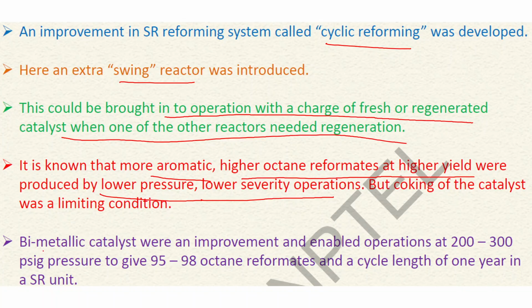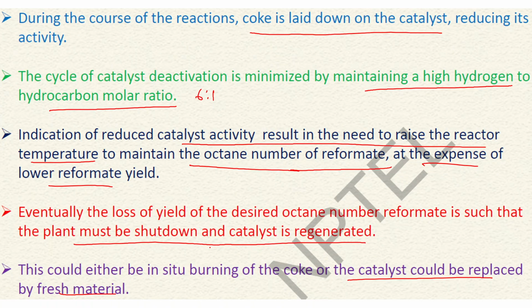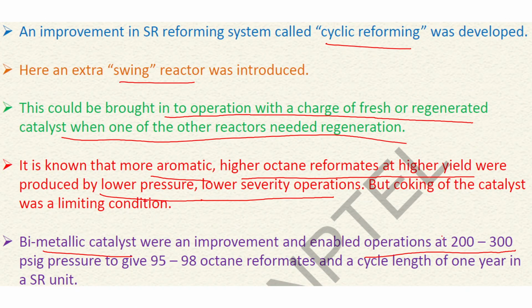Sometimes bimetallic catalysts were also used as an improvement and enabled operation at a lowered pressure of 200 to 300 psig. In the previous one we needed a pressure of 500 psig, as I told in the last slide. But if we use a bimetallic catalyst, then the pressure can be lowered to 200 to 300 psig, and it gives a good octane number of 95 to 98 octane reformate and a cycle length of 1 year.